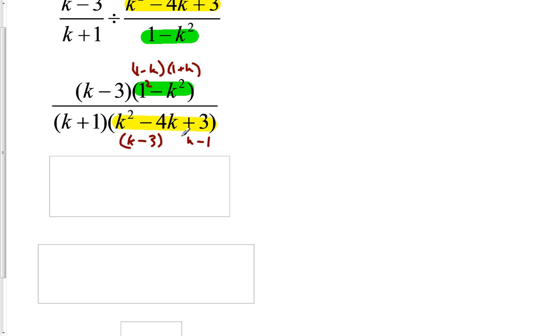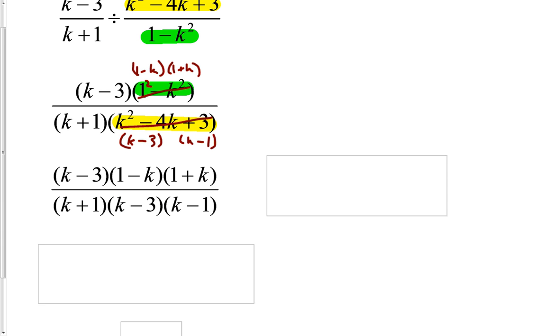Wrap these in parentheses here. And so now let's go ahead and rewrite this equation with the new factors. We see our 1 minus k, our 1 plus k, replacing what we had here, and then our k minus 3, k minus 1 factors replacing what we had here.